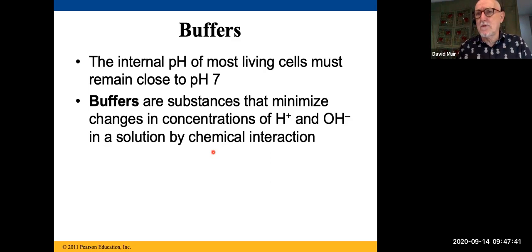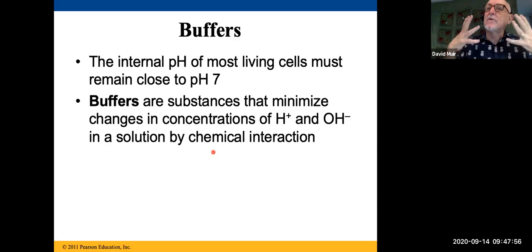Similarly with alkali, if the number of hydroxyl ions suddenly increases, there are chemical systems within the living cell which attract those hydroxyl ions and bind them so that they don't contribute to a pH change.